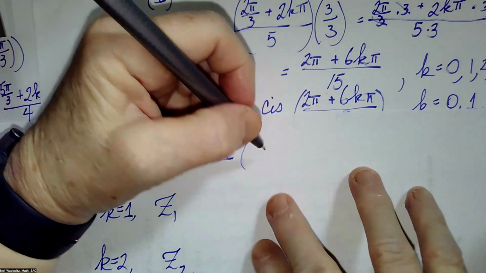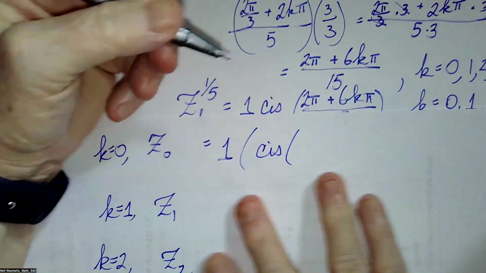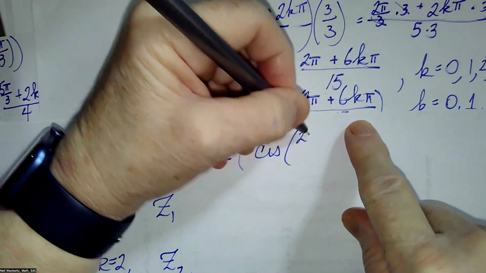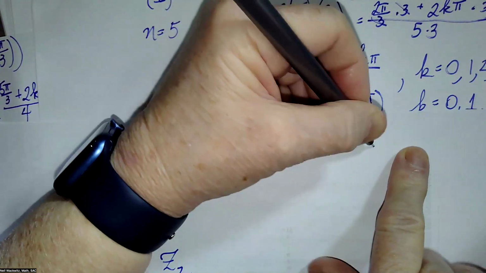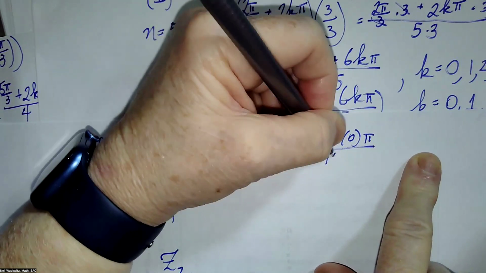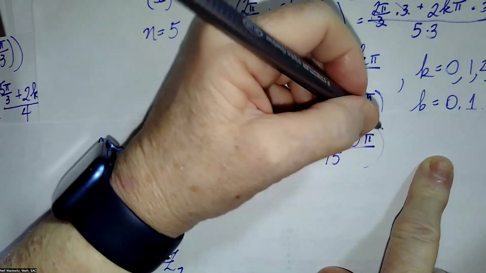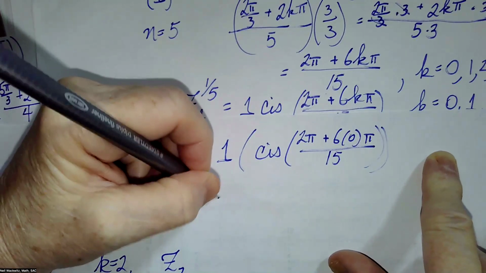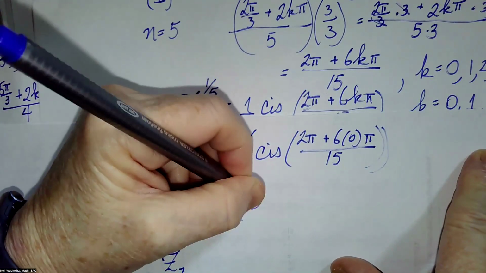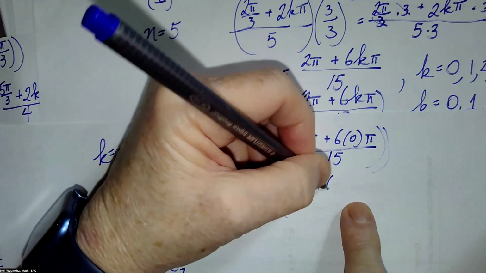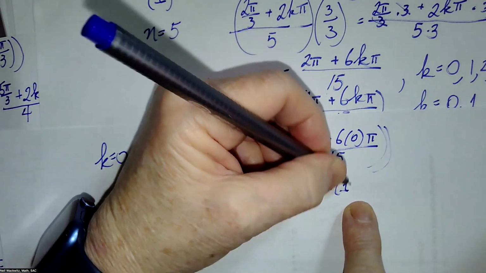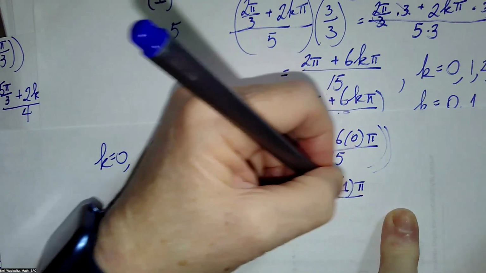We've got cis 2 pi plus 6 times 0 pi over 15, 1 times cis 2 pi plus 6 times 1 times pi over 15.